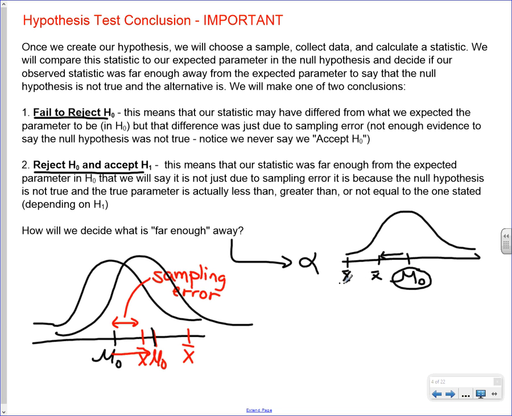Because if this is only going to happen, let's say 0.1% of the time, well, do I think I just got really unlucky and got one of those samples that only happens 0.1% of the time? Or do I think maybe this is not the true mean, and this is actually coming from a distribution that has a mean that is lower than what the null hypothesis said? Okay, and so that's the process that we're trying to decide.